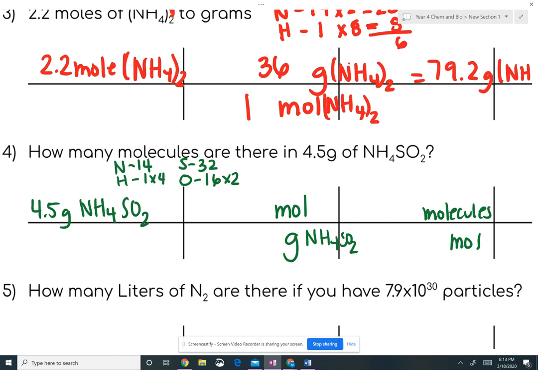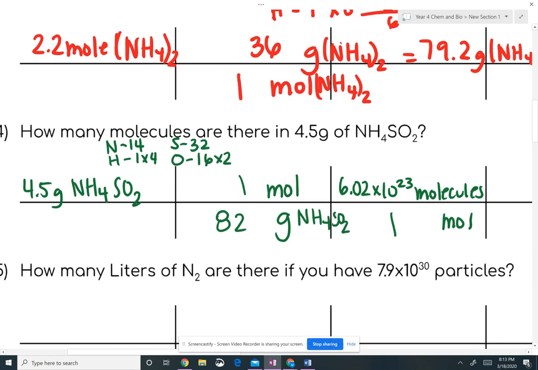So 14 plus 4 plus 32 plus 32. And you should get 82 grams in 1 mole. And then in 1 mole, there is 6.02 times 10 to the 23rd particles, right?